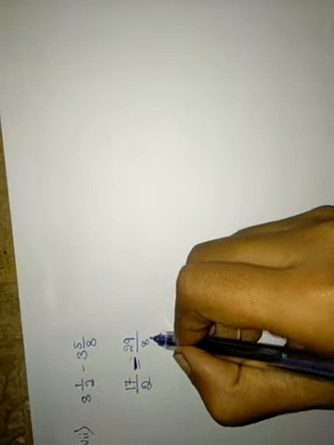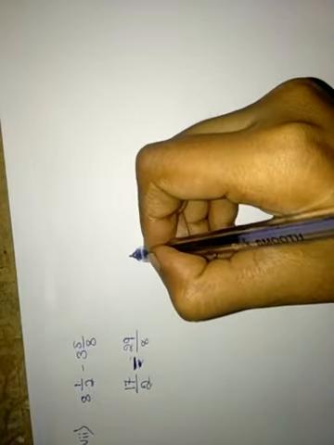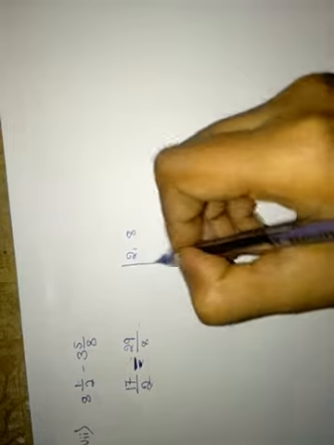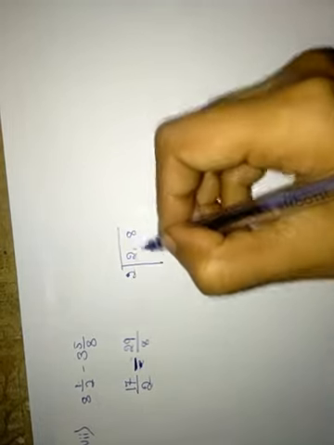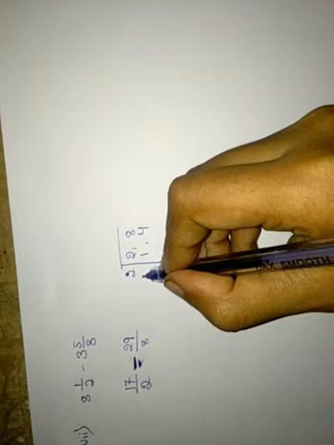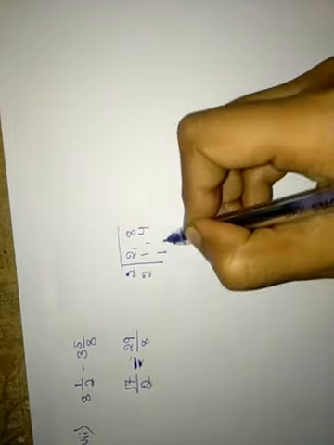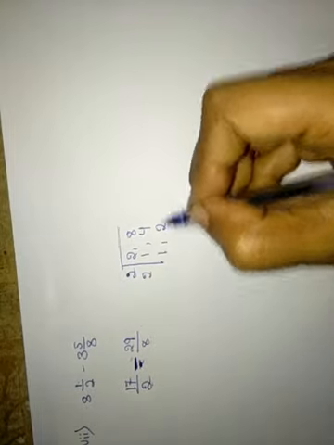Now we'll take LCM of 2 and 8 here. This is minus. 2 and 8. We'll take LCM here. 2 1s are 2, 2 4s are 8. Again we'll take it simplified by 2. We'll keep 1 as it is. 2 2s are 4.